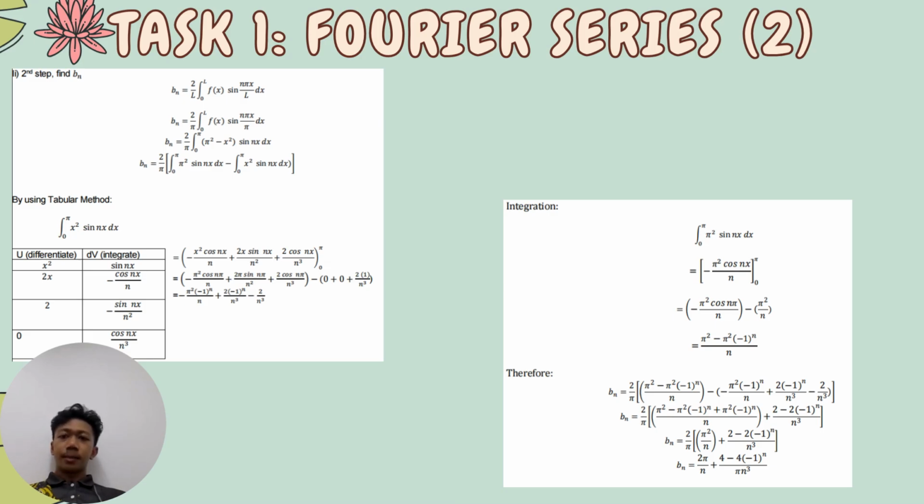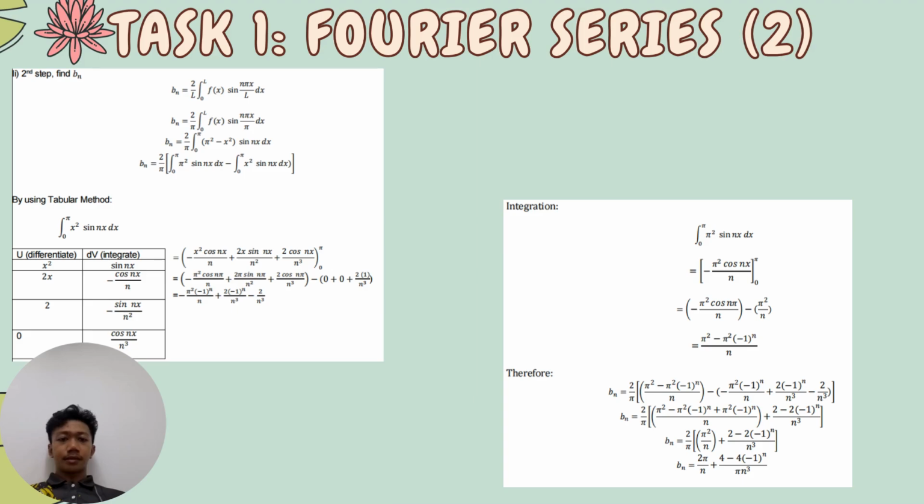Then, for finding Bn, we use the tabular method as previously mentioned. Thus, we get that the integral equals negative pi squared times negative 1 to the power of n over n plus 2 times negative 1 to the power of n over n cubed minus 2 over n cubed.